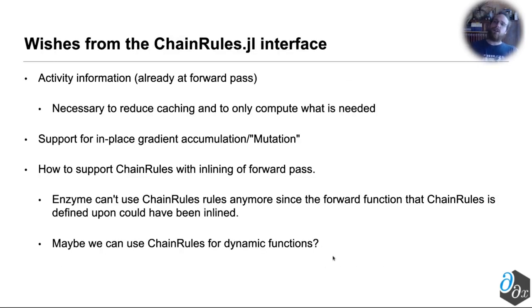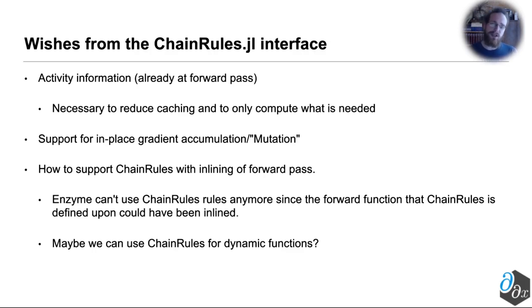Some of the wishes we have for the ChainRules.jl interface is to be able to reason about activity information. And the challenge for Enzyme is that we do need it already at the forward pass. We can't just have it at the reverse pass. And this is necessary, as I mentioned, to reduce caching and to only compute what is needed.